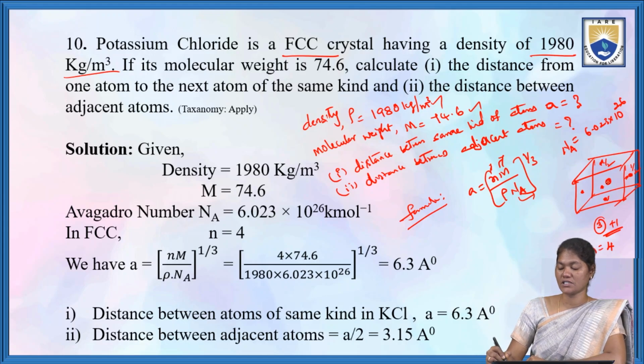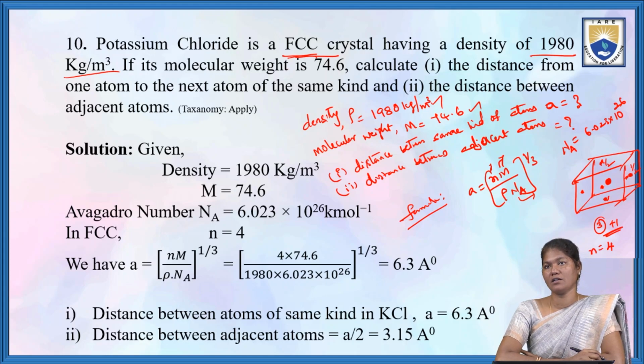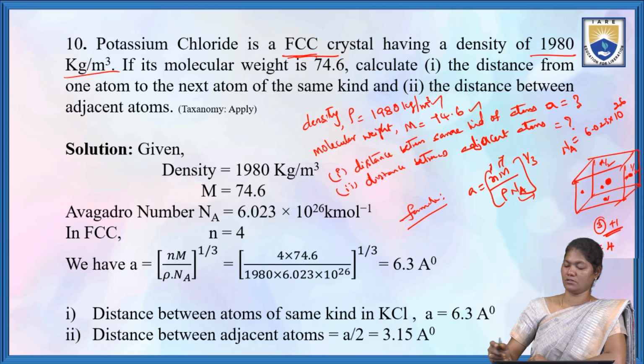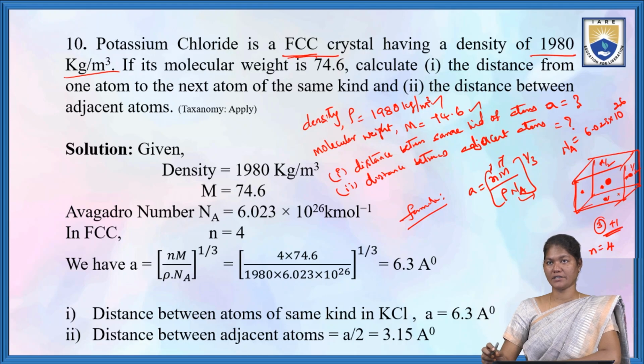In a face-centered cubic crystal, along with the atom at the center, there will be atoms at each face of the unit cell. That atom is shared with 2 unit cells.